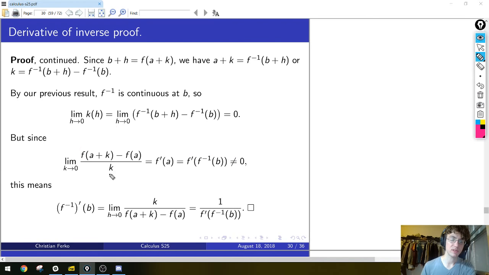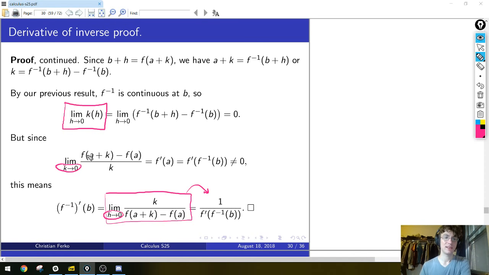The last step is simply to say, well, algebraically, f inverse prime of b was the limit as h goes to 0 of this thing. Now there's two steps we need to justify this final equal sign. The first is that the limit as h goes to 0 of k equals 0. So now we can compose these two functions, right? Notice that the variable going to 0 and the limits are different, right? That's a problem. In one limit, k is going to 0, and the other is h going to 0.